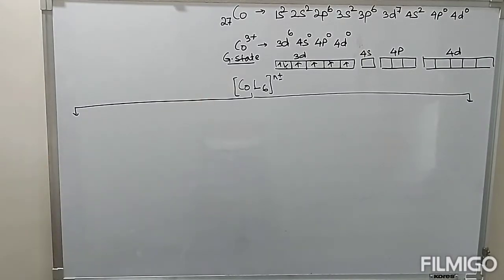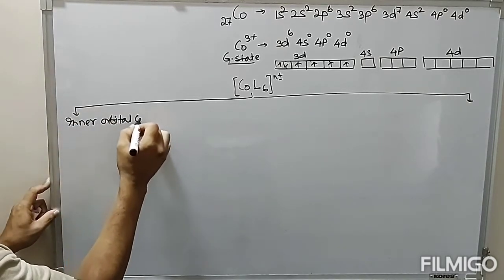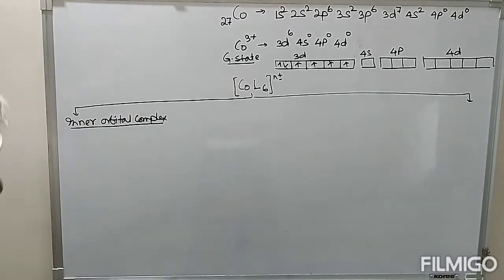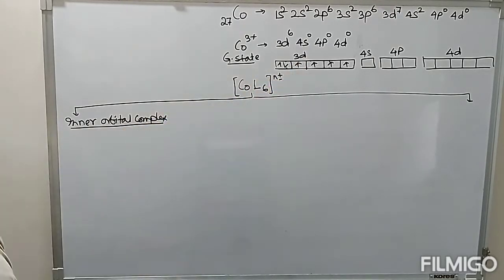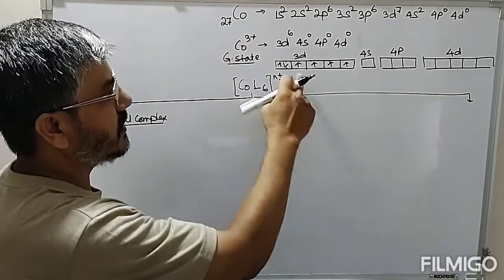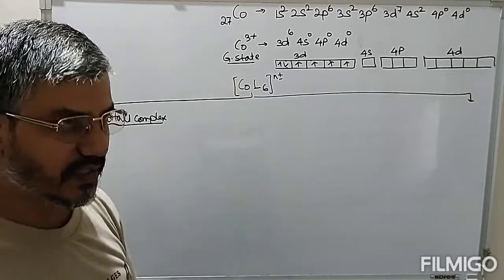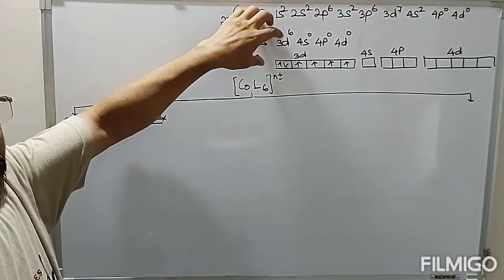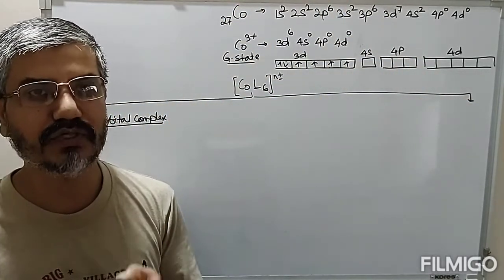Now suppose this forms an inner orbital complex. Let's assume that this forms an inner orbital complex. For an inner orbital complex, (n-1)d means we have to use the 3d orbital. But if you look at the electronic configuration of cobalt plus 3 in the ground state, there is no vacant d orbital. So first, to form this hybridization, this central metal has to make some vacant d orbitals. At least 2 d orbitals should be vacant.